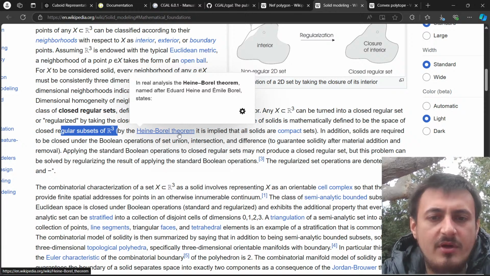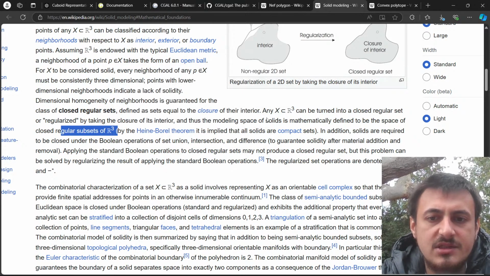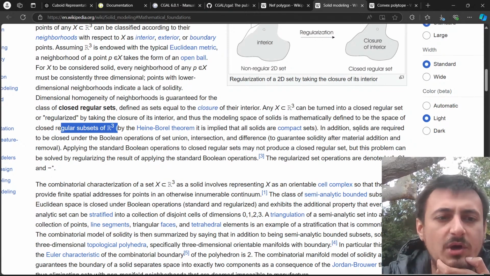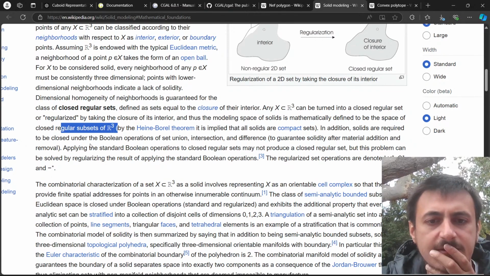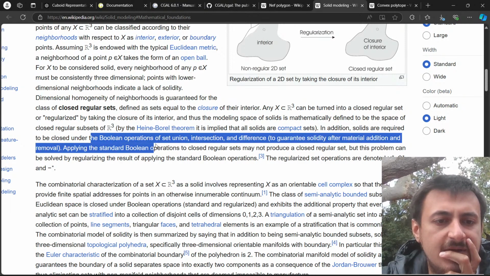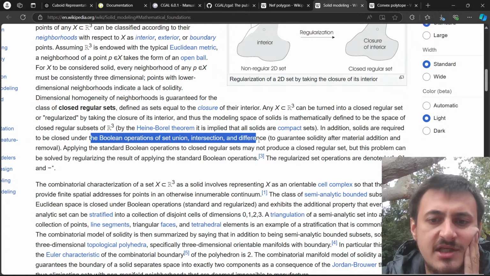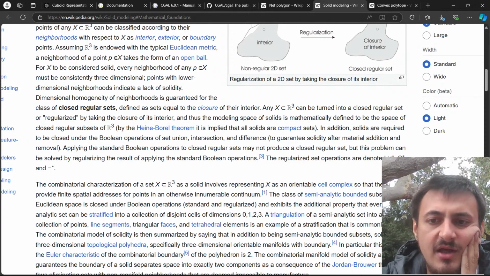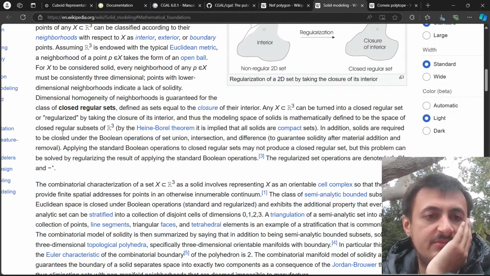And thus, the modeling space of solids is mathematically defined to be the space of closed regular subsets of R3. By the Heine-Borel theorem, it is implied that all solids are compact sets. In addition, solids are required to be closed under the Boolean operations of union, intersection, and difference to guarantee solidity after material addition and removal.